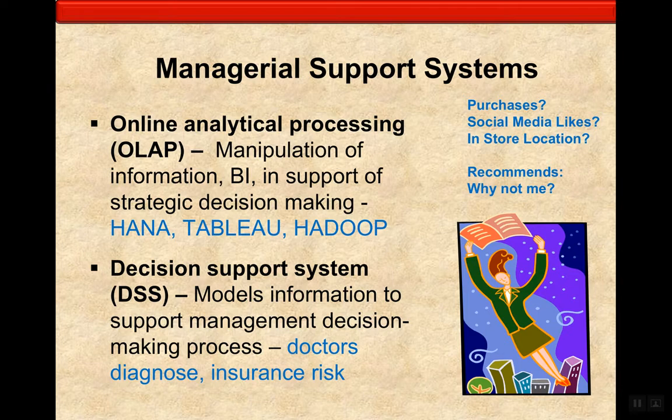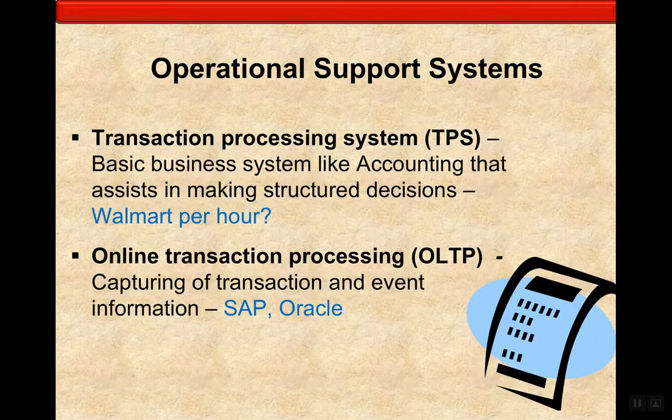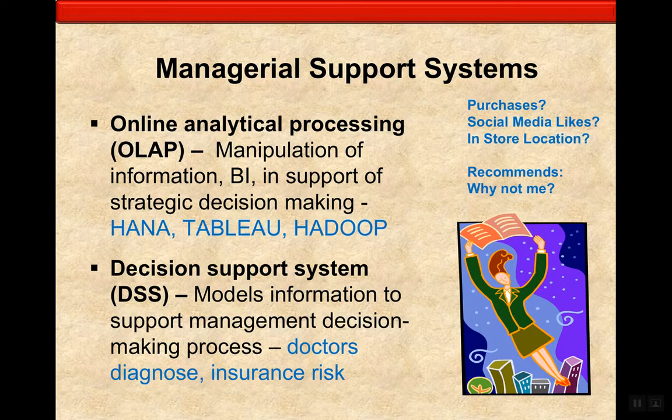So, for managerial support, we call the transaction systems OLTP, which is actually a style of computing. As we look at the managerial support systems, the decision support systems, there's a different type of processing involved, what we call OLAP, online analytical processing.